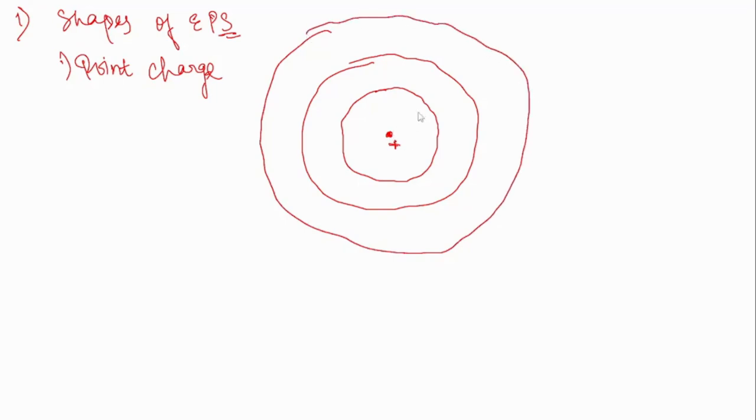Why? Because the potential at this point, at this point, at this point, if they are on a sphere, will be the same. If they are of radius r, let's say, then potential at the surface will be kq by r.